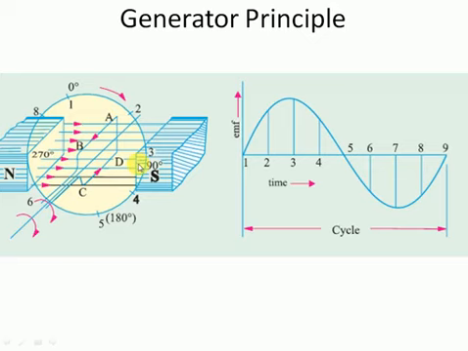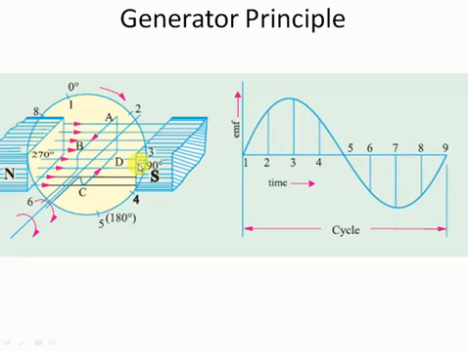As this coil side AB is passing through position 3, it is cutting the lines of flux. Hence the flux linkage will be minimum at position 3. But we are very familiar that induced EMF is directly proportional to rate of change in flux linkage. Even though the flux linkage is minimum at position 3, the rate of change in flux linkage will be maximum.